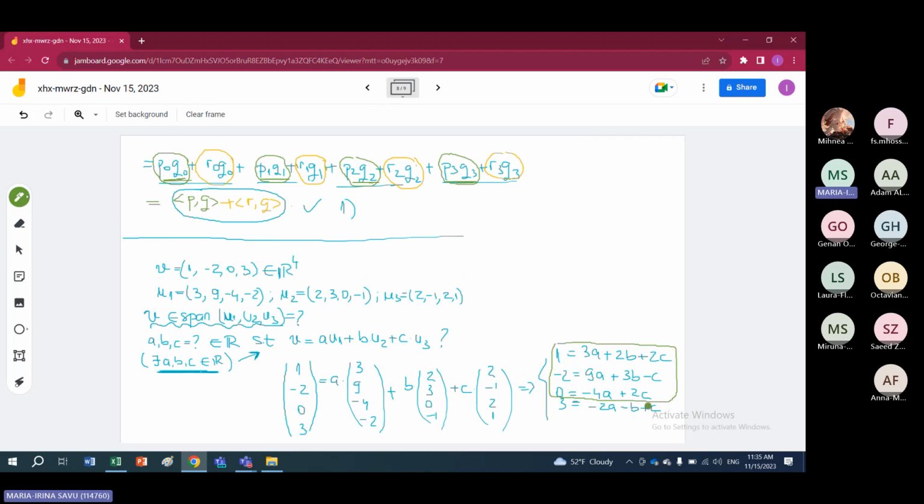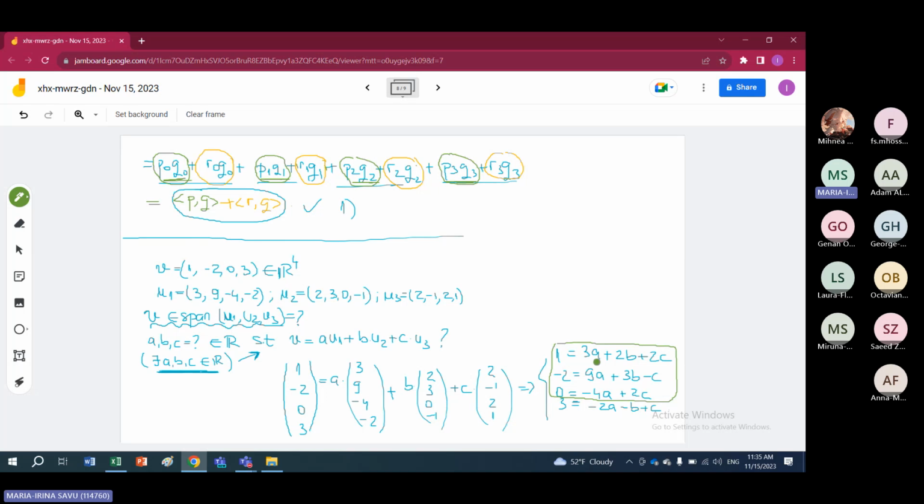I'm cutting the last one because the last one is a linear combination of the others. So I have 3 unknowns, 3 equations, and the rank of the associated matrix is 3. So I have a compatible determined system, with a unique solution.